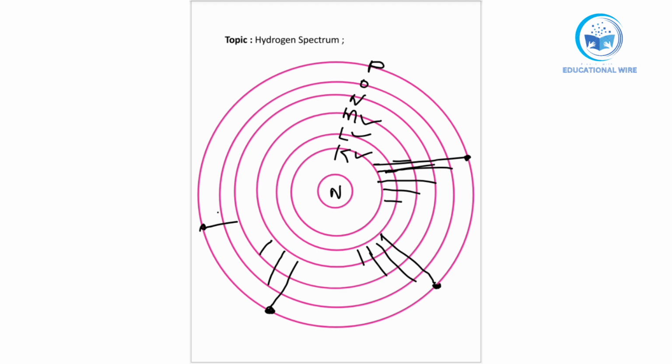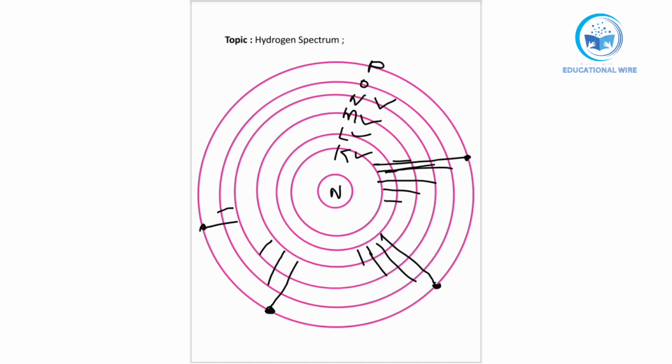After that it loses energy from one position to another. It also gets stable at the N position. Okay, I think I did something wrong. K, L, M, N, O, P. The first one is K, the second one is L, the third is M.